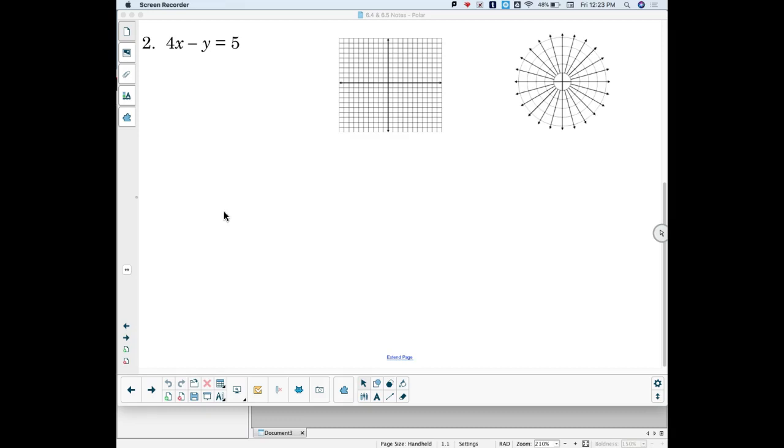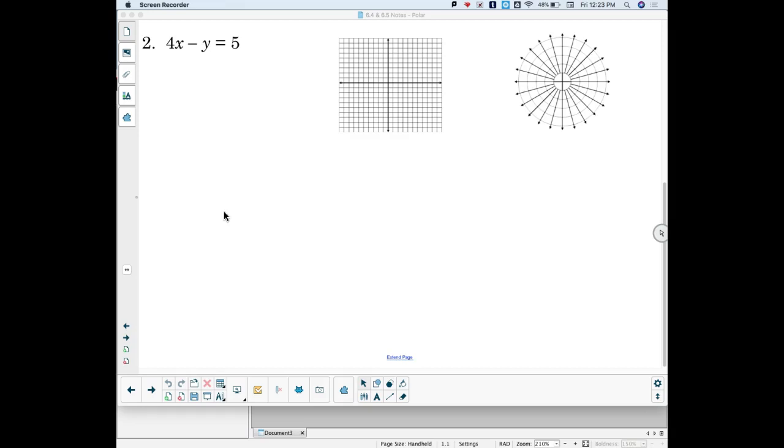It's linear. Well, what do we need to know about a line? In terms of a line, what tells me which way it goes? The slope.